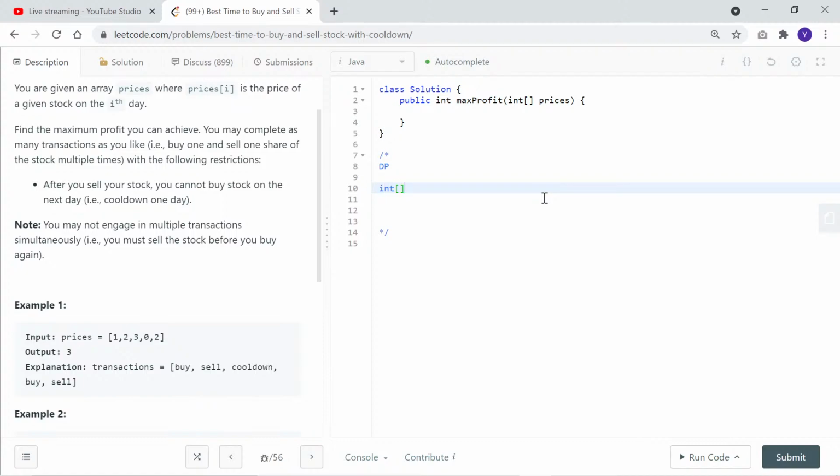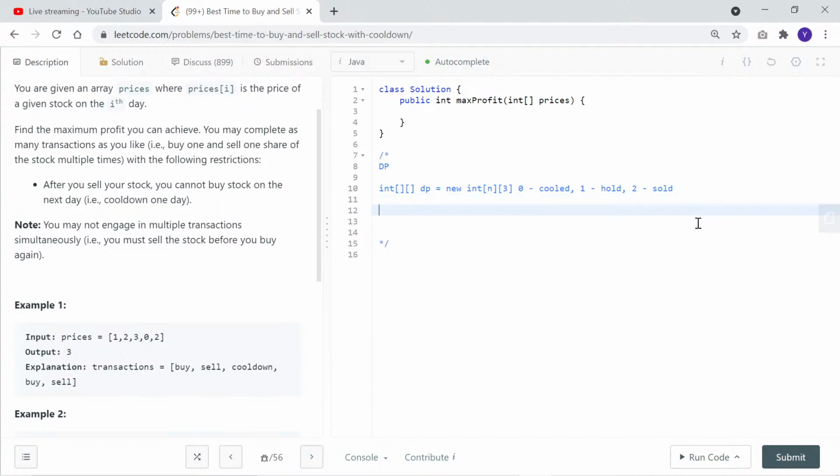We can have a DP with two dimensions, a dynamic programming state, so that we can define 0 as cooled, 1 as hold stock, which means we have stock, and 2 as sold.